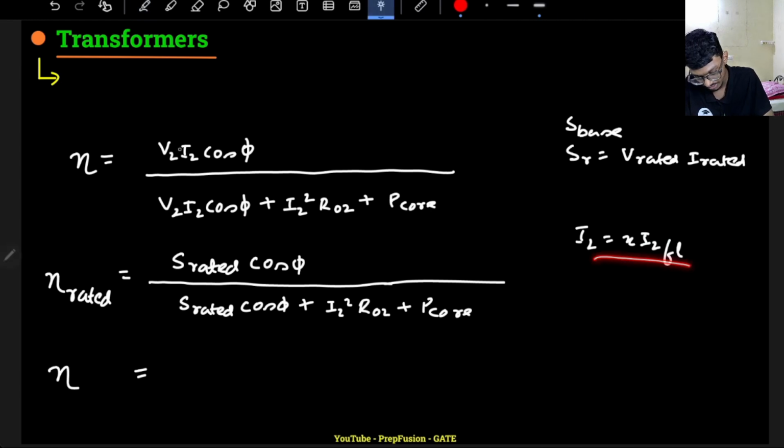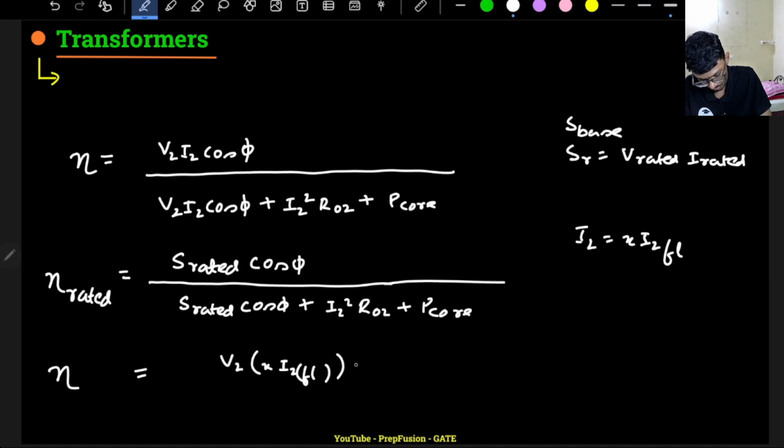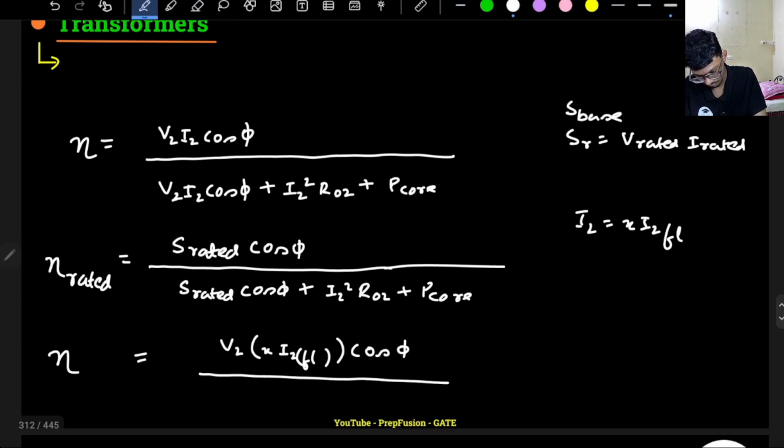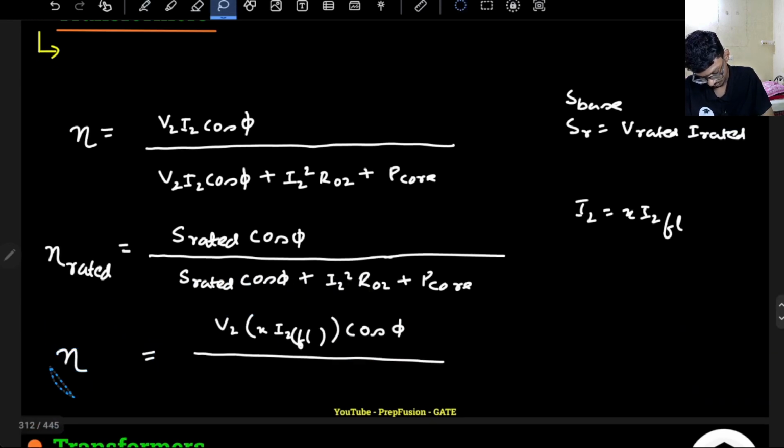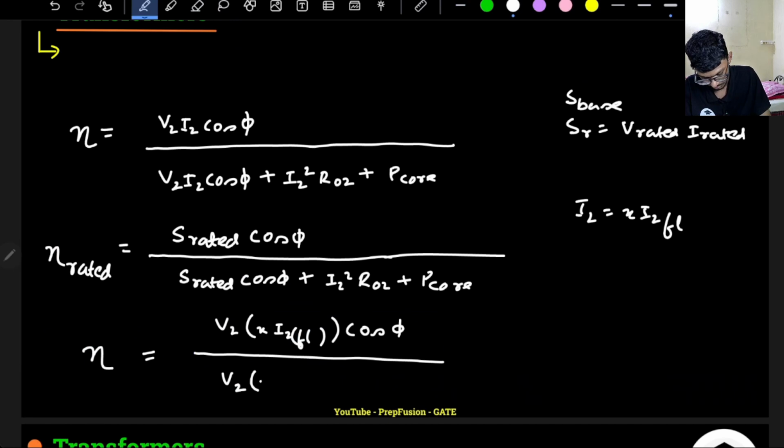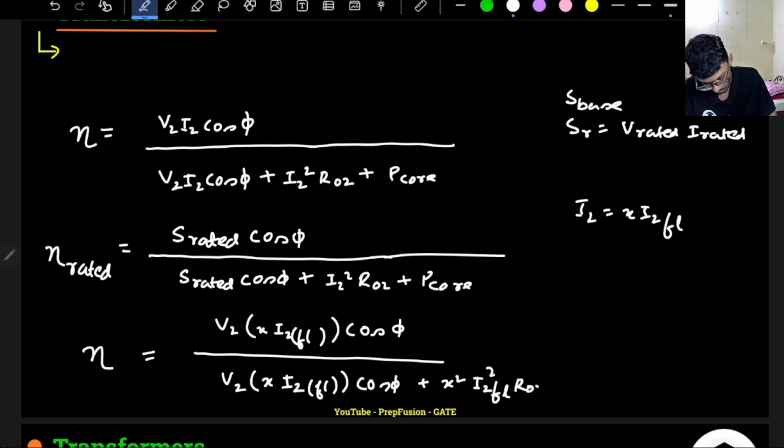So if I replace I2 with X I2 FL, it will be V2 into X I2 FL into cos phi, divided by V2 into X I2 FL into cos phi plus X square I2 FL whole square into RO2 plus P core.